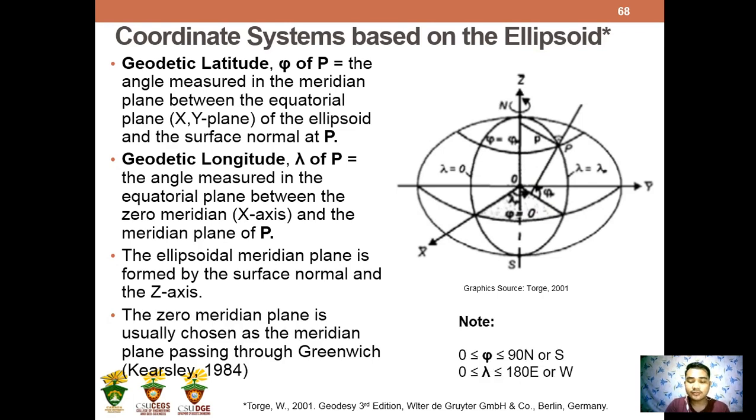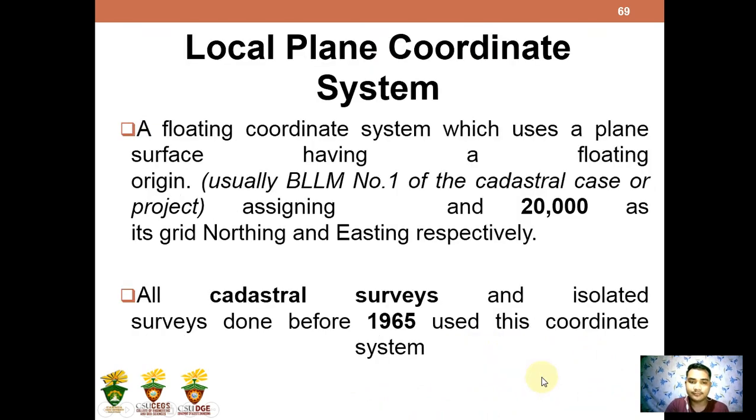Please take note, again and again, that geodetic latitude is always 0 to 90 degrees north or south, and longitude is 0 to 180 degrees east and 0 to 180 degrees west. That is important to understand.